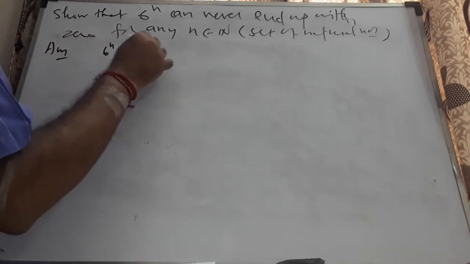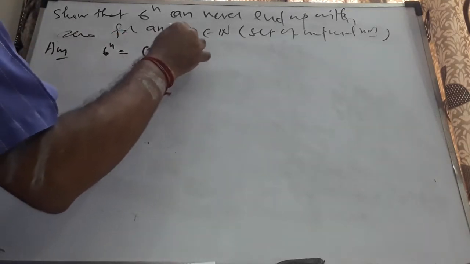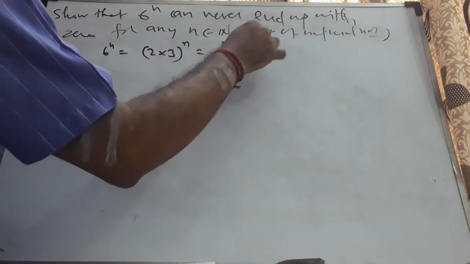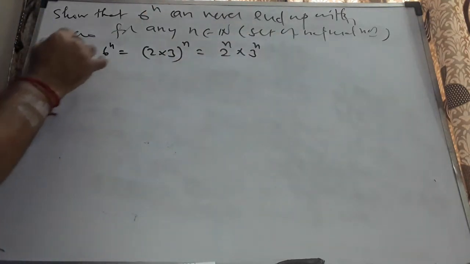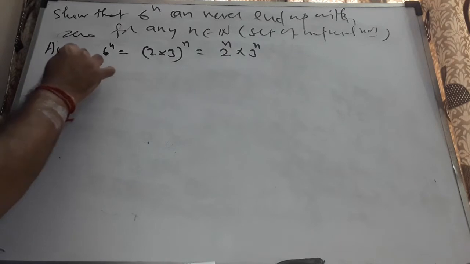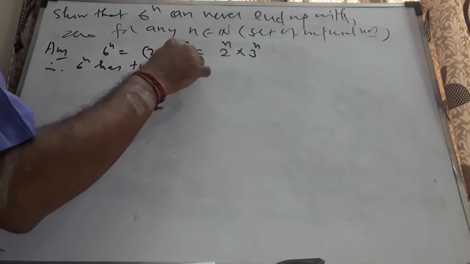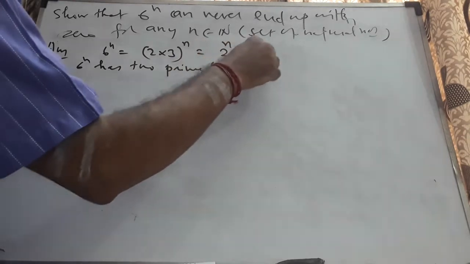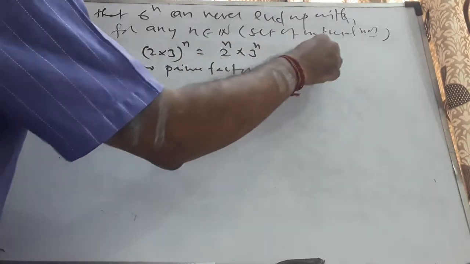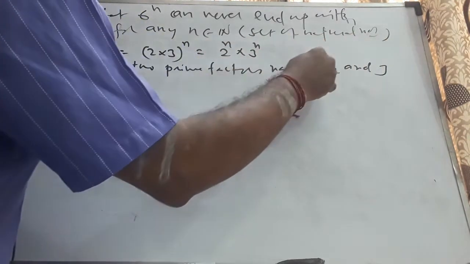6 power n can be written as 2 into 3 whole power n, which is 2 power n into 3 power n. Therefore, 6 power n has two prime factors, namely 2 and 3.